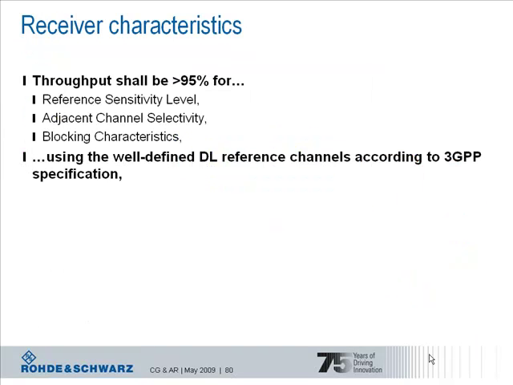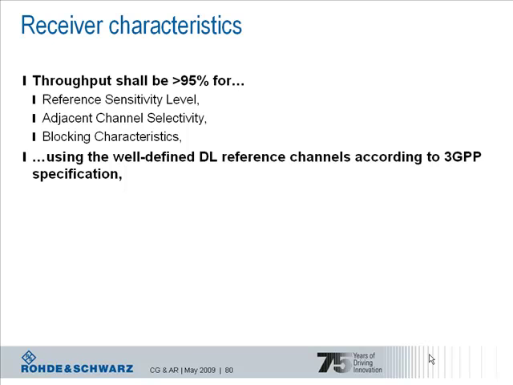Receiver characteristics are estimated by a throughput measurement. The throughput, based on a fixed reference channel, should be more than 95% and is measured, of course, for reference sensitivity level, adjacent channel selectivity, and blocking characteristics. As you can imagine, the throughput is based on the counting of ACKs and NACKs in the uplink.